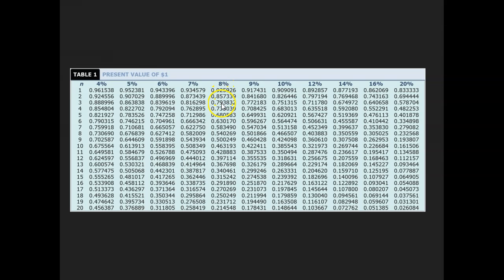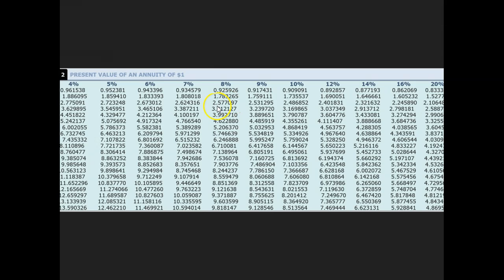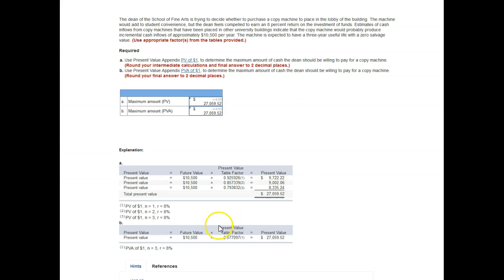If you add up these 3 numbers right here, you will get 2.577097. So if you use the present value of the annuity table, which you can do if you have equal cash flows every year, pick up one number, 3 periods, 8%, take this one number, drop it in here, take it times the 10.5, multiply it, there's the present value, same answer.